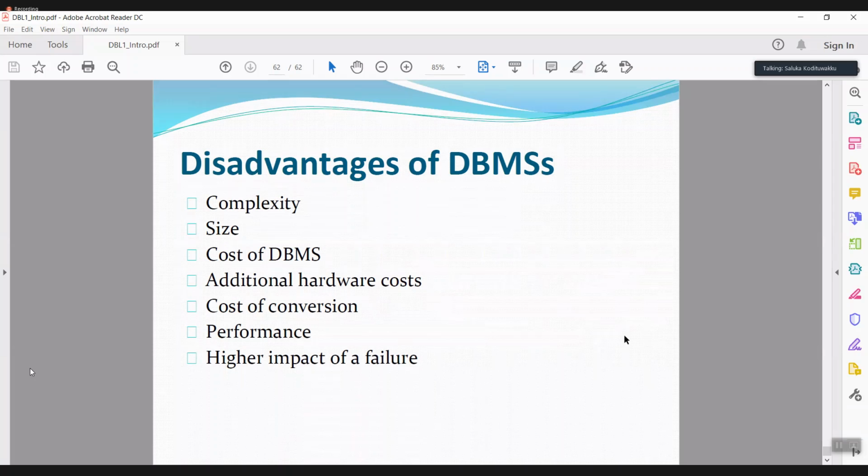Moreover, because we are managing all this data using computing technology, these computers or machines could fail at any time. Because of that, there is a high possibility of system failure. Those are the disadvantages.